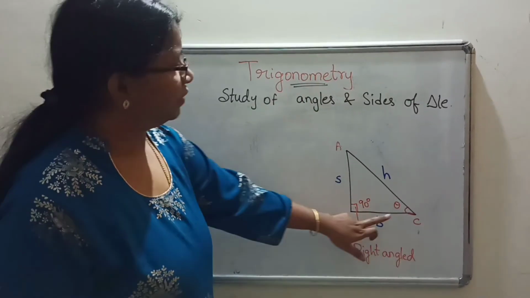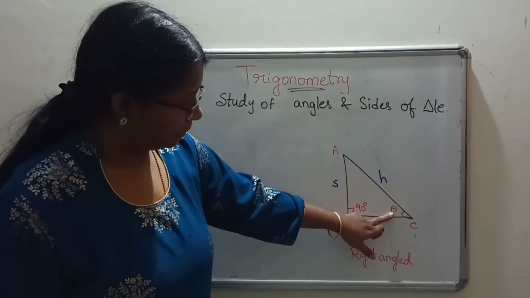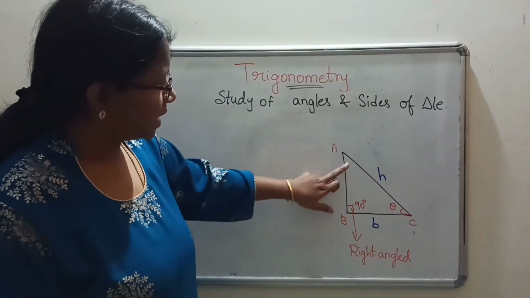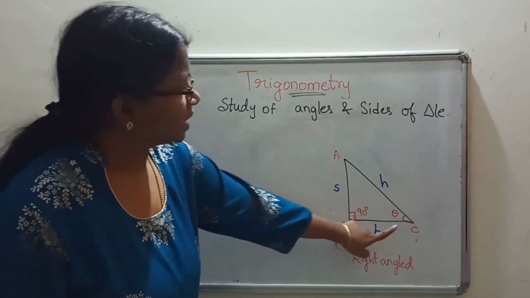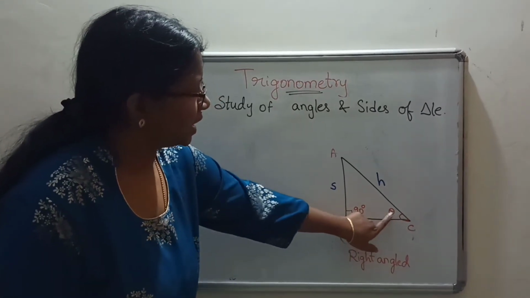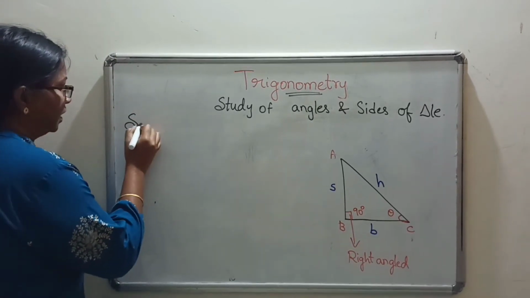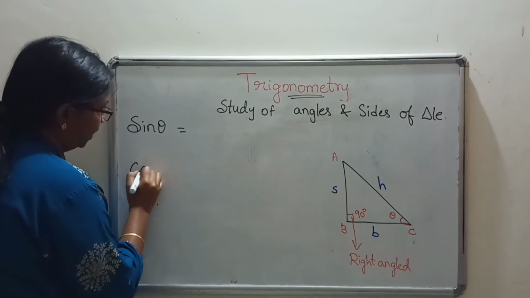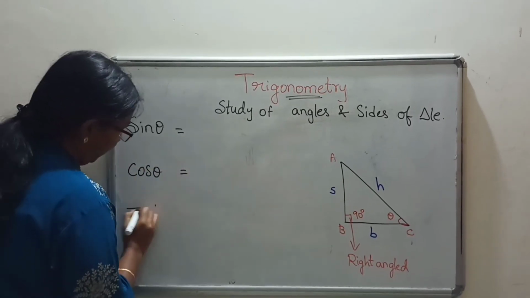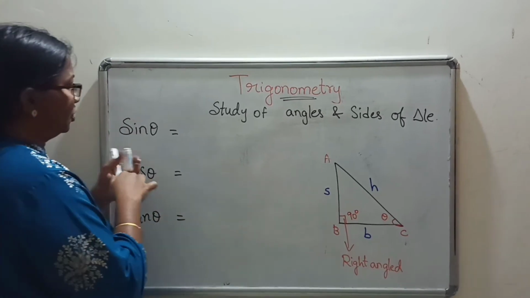In trigonometry we will have one more angle called theta. The side opposite to 90 degrees is the hypotenuse. The side opposite to the angle theta is the opposite side. Let us look into sin theta, cos theta and tan theta. These are the main angles in trigonometry.